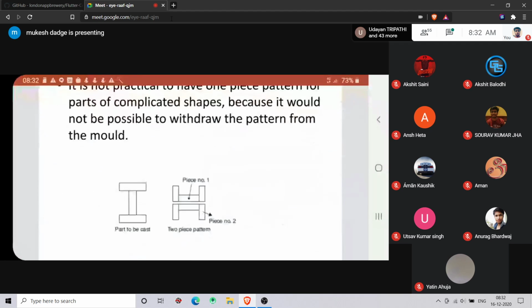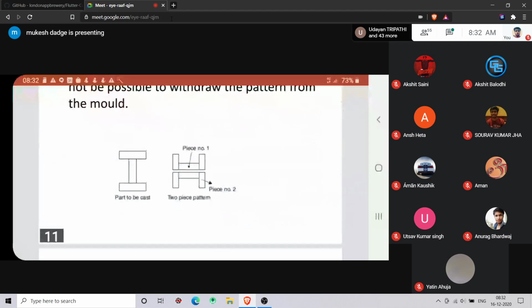So how to solve this problem? You have to convert it into two pieces, one piece and a second piece. And how to align them? Another problem arises: how to align them? They can slide over one another and it will not be in the perfect shape. What will be there?